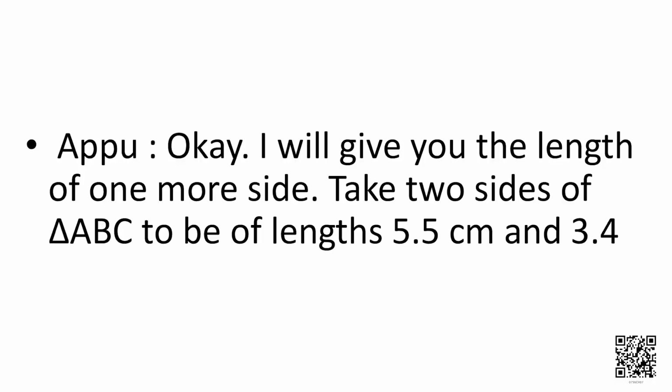Now Appu said, okay, I will give you the length of one more side. Take two sides of triangle ABC to be of length 5.5 cm and 3.4 cm. Tipu then replied that this will not be sufficient for the purpose, as he can draw several triangles with the given information which may not be copies of triangle ABC.